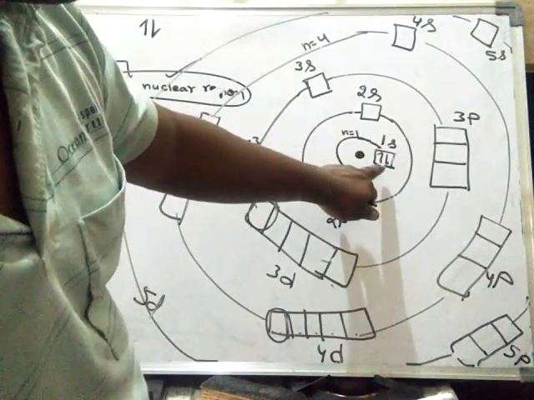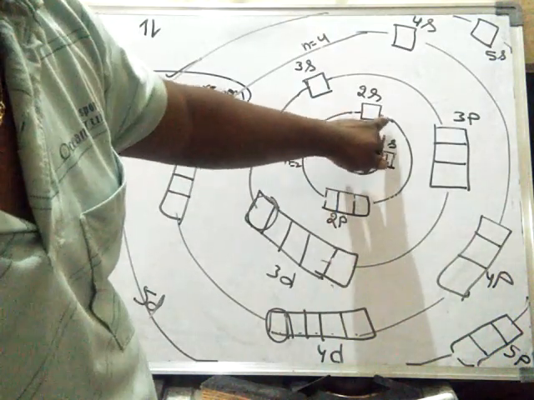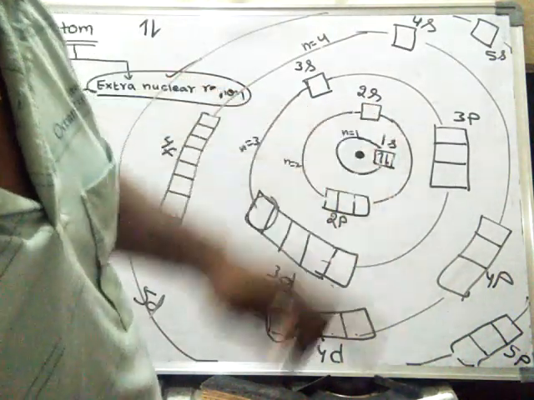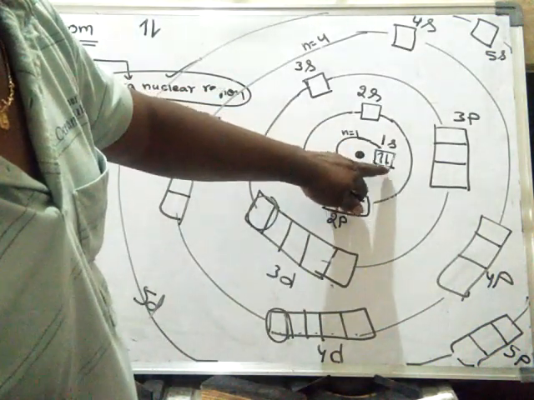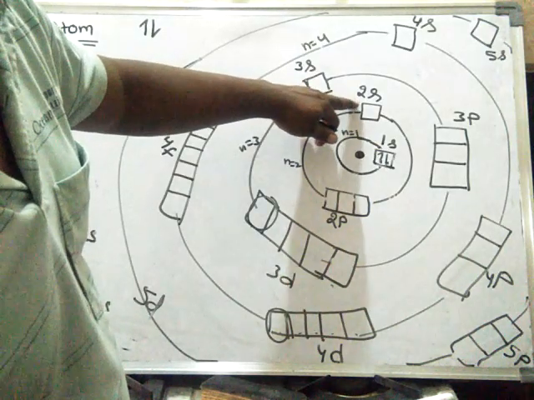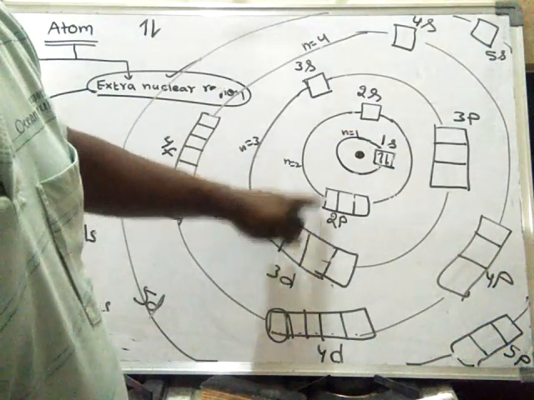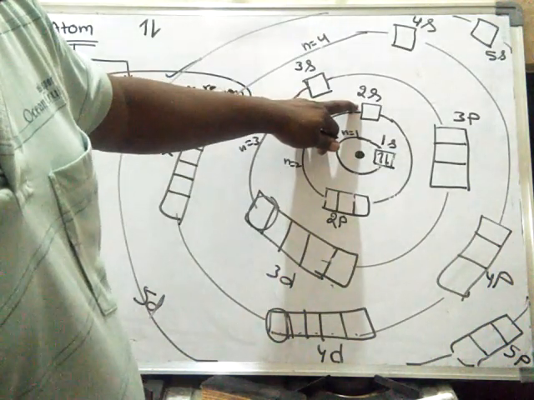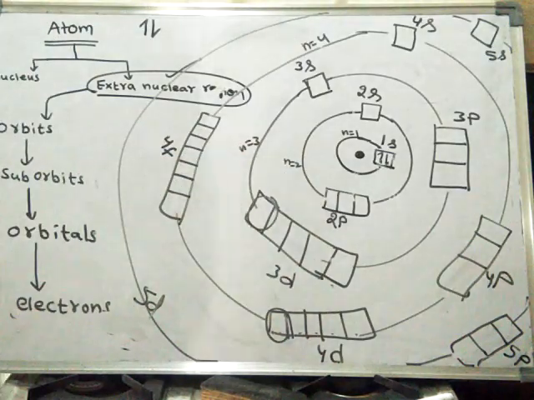After the least energy suborbit is filled, only then will the next electron enter the higher suborbits. After 1s, the electron will enter 2s, and after 2s, in the same orbit you will find 2p. So first 2s is filled with electrons, and afterwards 2p is filled.